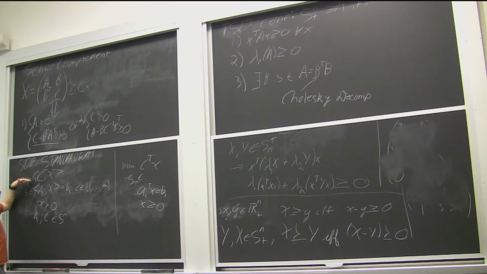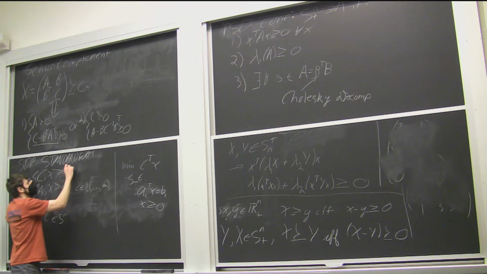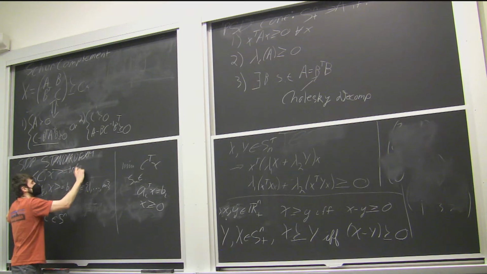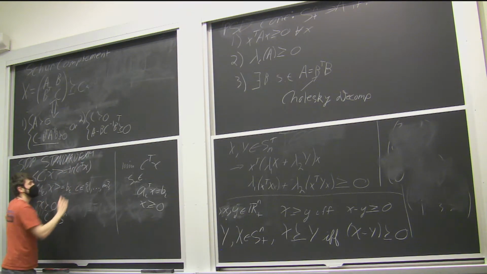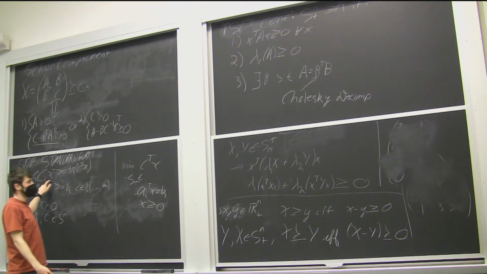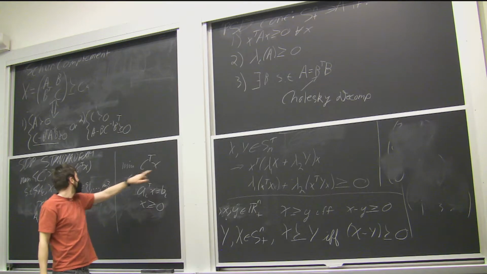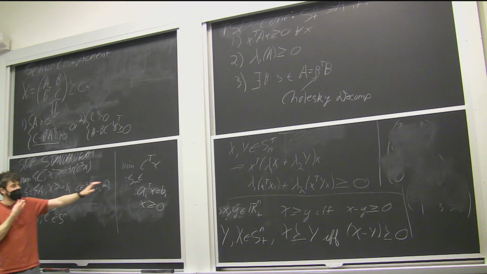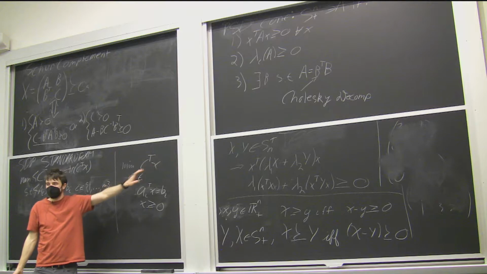I'm going to be minimizing a linear function, which remember is equal to trace C transpose X. So I'm going to be minimizing a linear function of my decision variable, X. In this case, X is a whole matrix. In the linear programming case, X is just a vector.